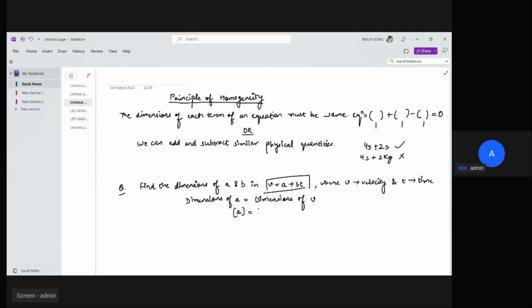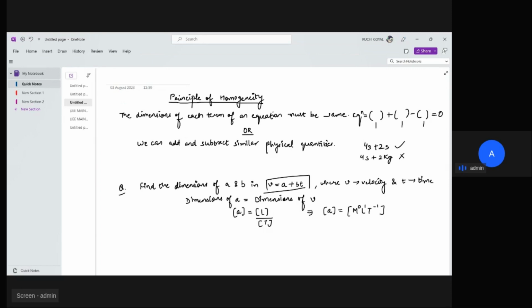That is distance upon time. So from here the dimension of A will be M0 L1 T minus 1, right? So this is the dimension.